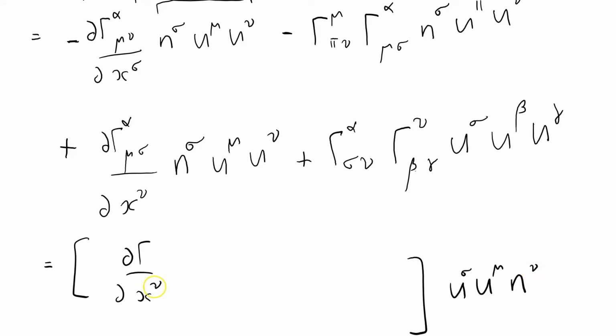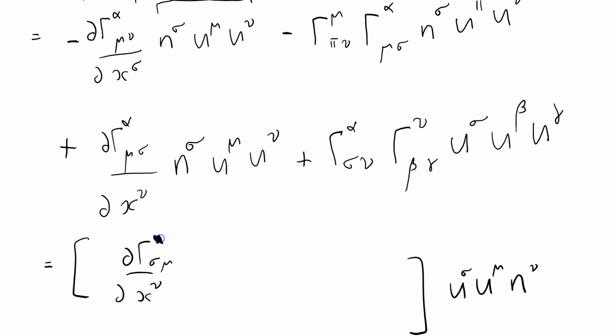That nu there sums with this nu here, which is the same thing as that sigma there summing with that sigma there. We've got a mu and a nu here. And we want it to be a sigma and a mu, and an alpha's free. That alpha there is free. I'll write it in red, just so it stands out from the other guys.